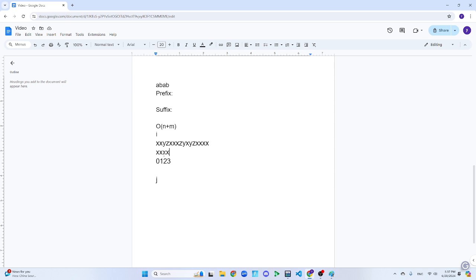So now what will happen is we'll look at J. If J is 0, which is the first letter of the pattern, that's one case. If it's not the first letter of the pattern, which is the case right now, then we'll look at the value before this J. J is currently here, so we will look at the value of this one, which is 1. And 1 is here, so that means we can compare these.